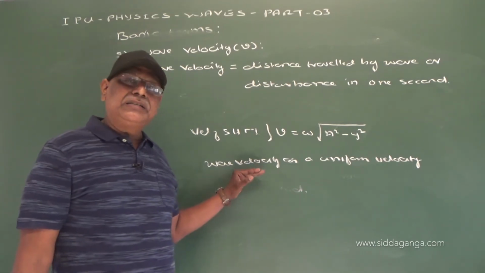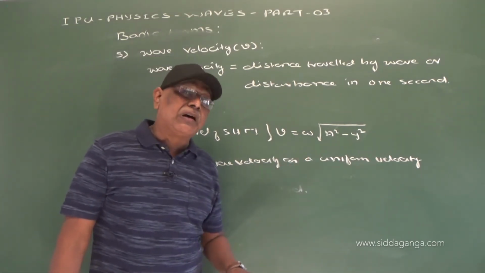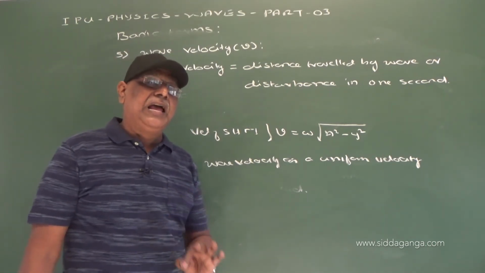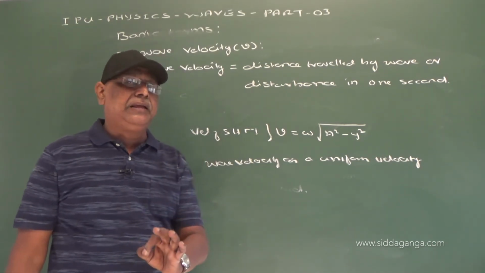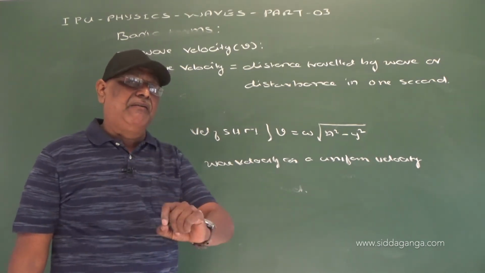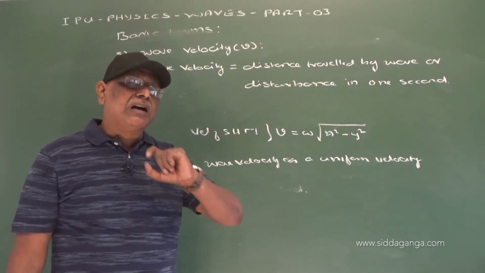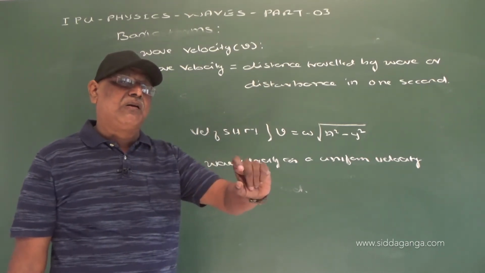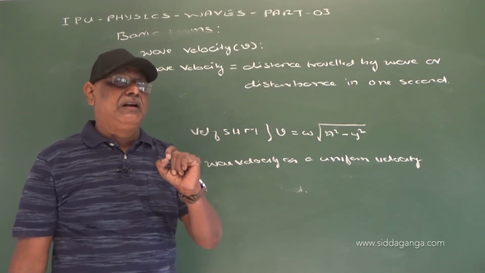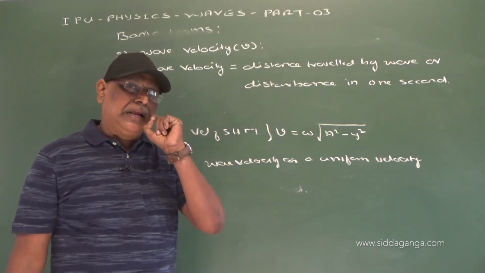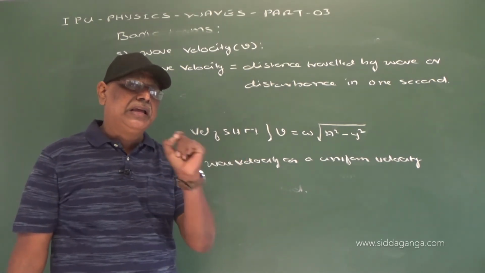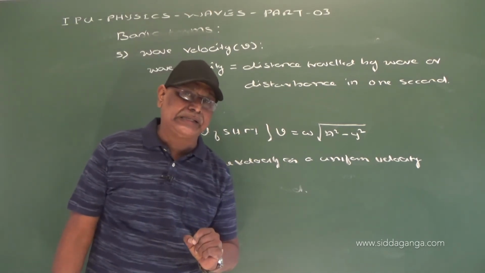But since there is no change in the velocity of a wave, it is not associated with acceleration. Particularly, remember that in a homogeneous medium, a wave travels with a constant or uniform velocity called wave velocity. It is the distance traveled by the disturbance or wave in the direction of propagation in 1 second. Is that clear?